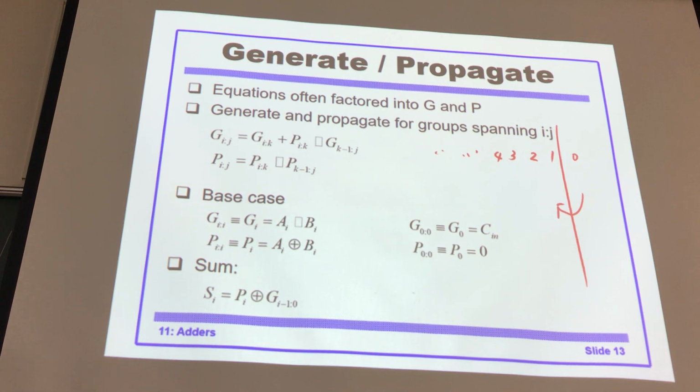Sometimes we start from 0, sometimes we start from 1. In here, we start from 1, bit position 1, 2, 3, 4, 4 bit. So bit position 0 is a virtual bit position, 是虚的，是假的。And carry generate 0 is just the carry in, C in, right?